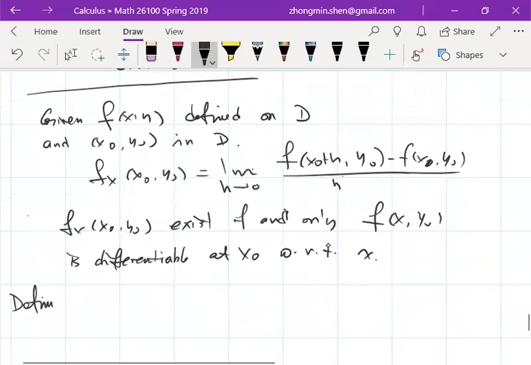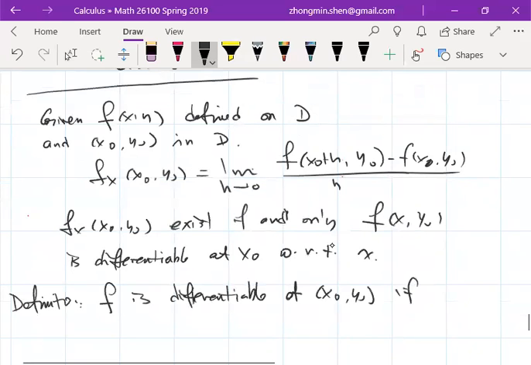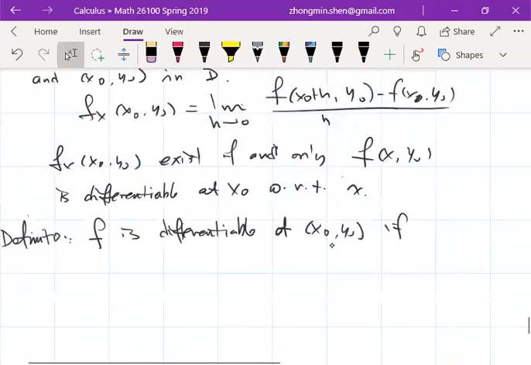It's slightly different. Okay, so f is differentiable at this point if we have the following properties.